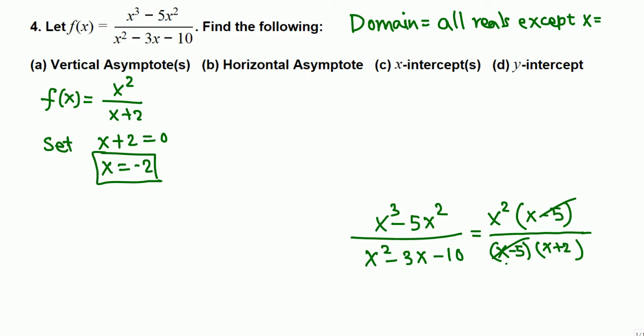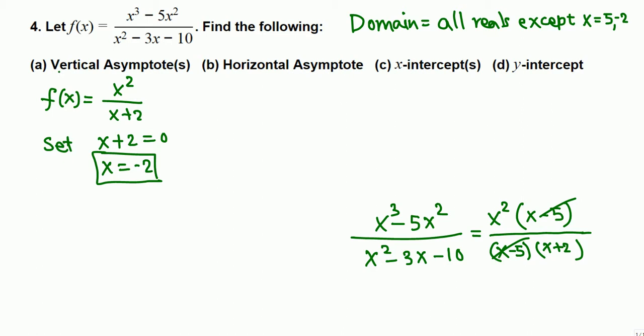So x equals 5 makes the bottom 0, and x equals negative 2 also makes the bottom 0. So the domain is all reals except 5 and negative 2.